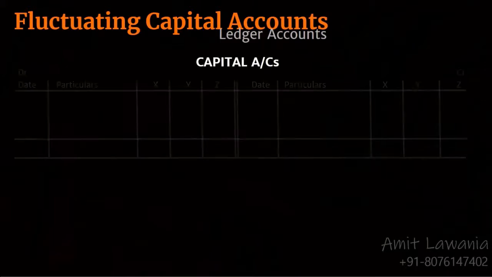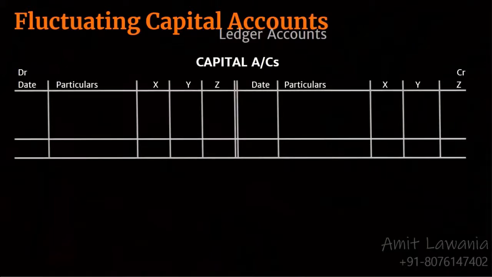Now, having made the journal entries, we will now make the capital accounts for each partner. The format remains the same as any ledger account, only that I am presenting all the capital accounts together. If you have time during the exam, you may present these accounts separately.